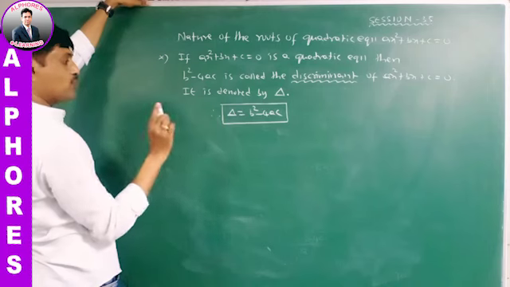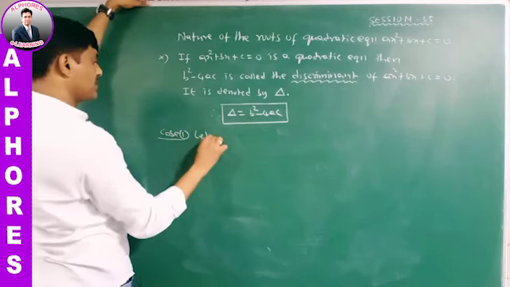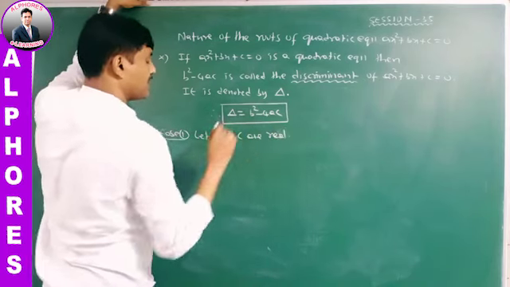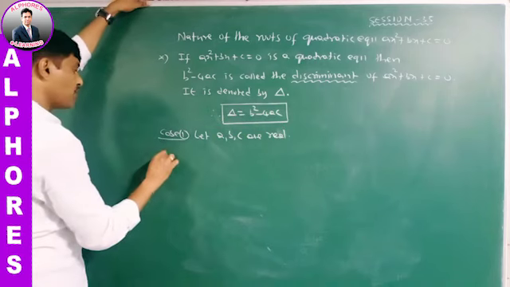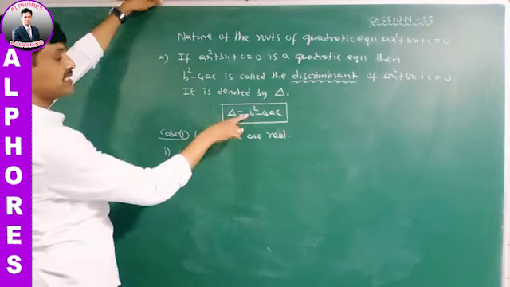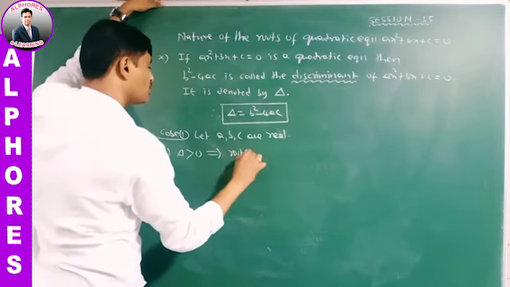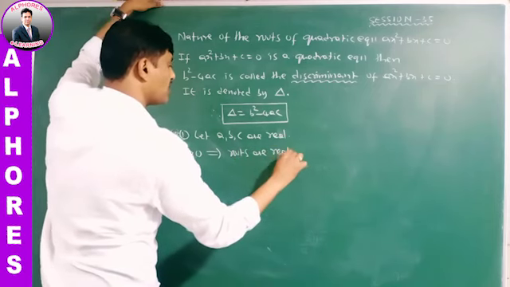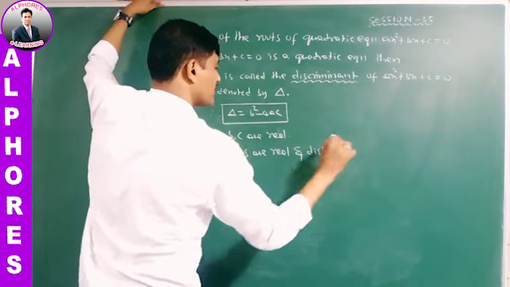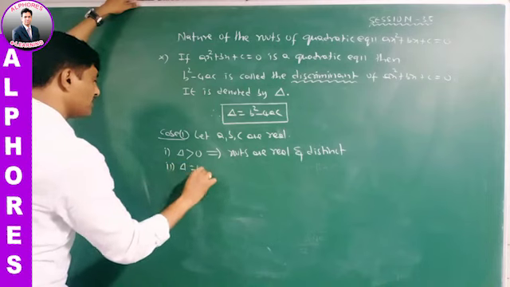We have two cases. First one, case 1, let A, B, C be real. In this first one, delta greater than 0 means the discriminant is positive. In this case, roots are real and distinct. Second one, delta is equal to 0.